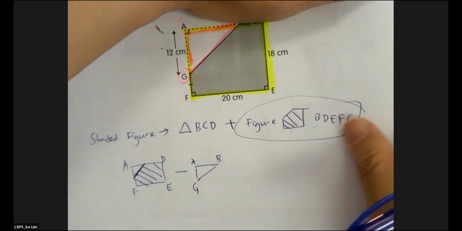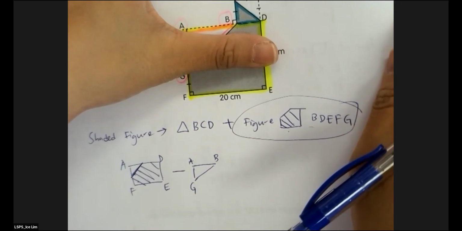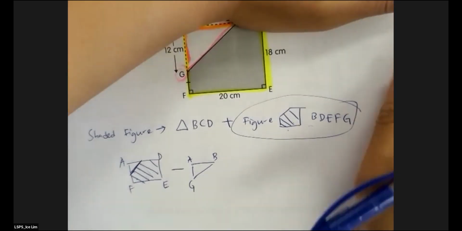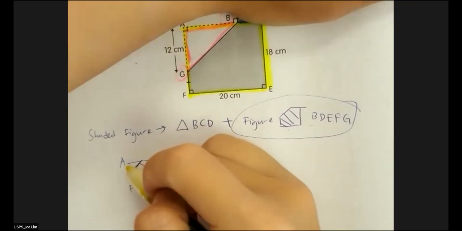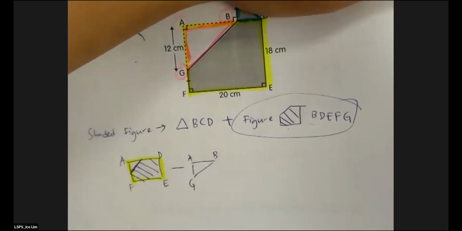So after I find this one, I find this small triangle on top and put together. So to find this shaded part, I use the big rectangle that I highlight just now. ADEF.